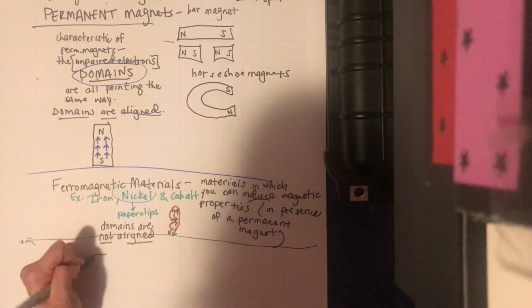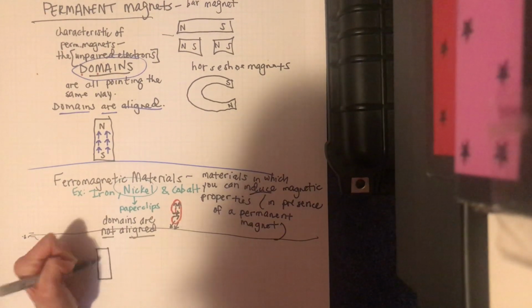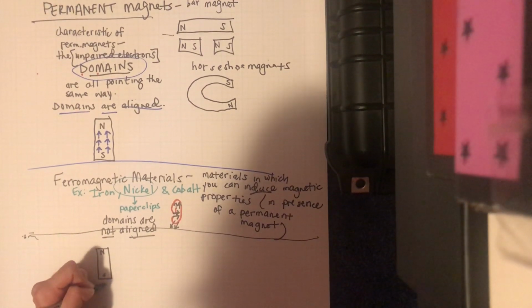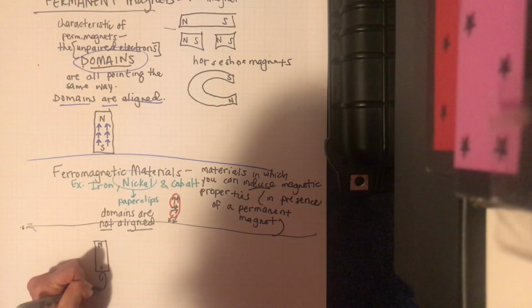So here is a permanent magnet, north, south, and let's draw our little paper clip beneath it.